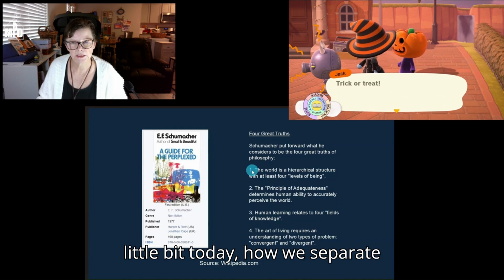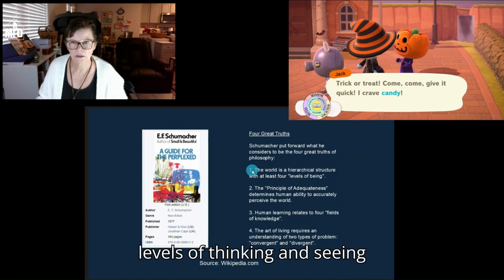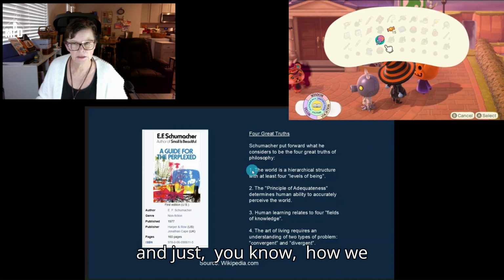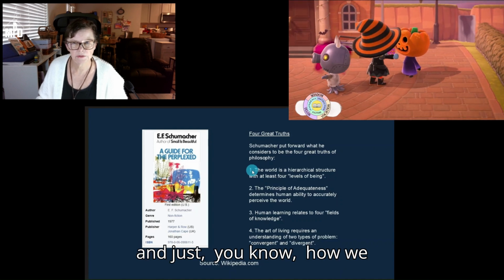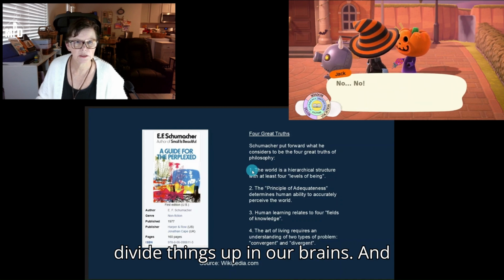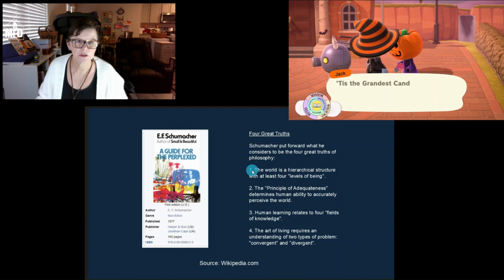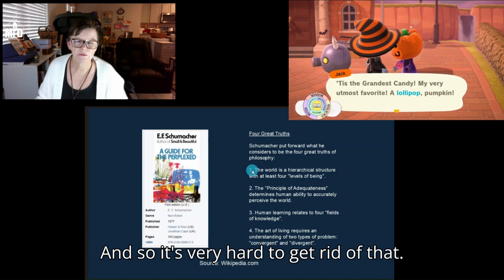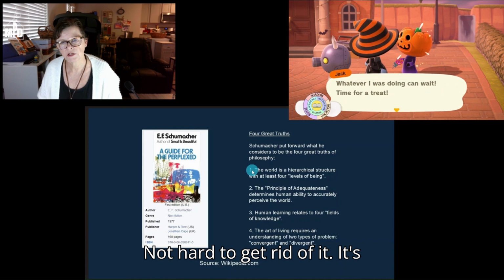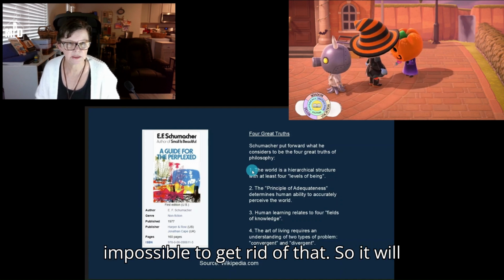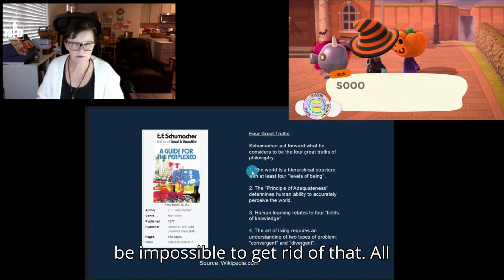And we'll talk about that a little bit today, how we separate levels of thinking and seeing, and just how we divide things up in our brains. And we do it with a structure. It's impossible to get rid of that.